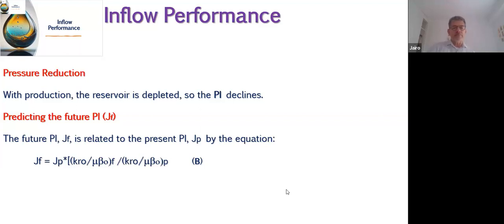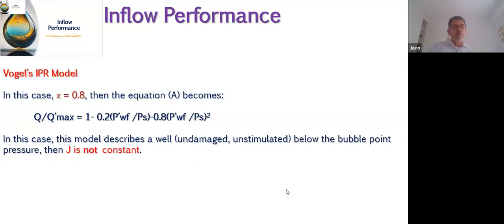Because they are dependent on the pressure, Vogel is the IPR model. Now we see how it's calculated. In this case, as I mentioned at the beginning, x is equal to 0.8. Then the equation becomes the classical Vogel equation: 1 minus 0.2 times the ratio of flowing pressure to static pressure, minus 0.8 times the same ratio squared.